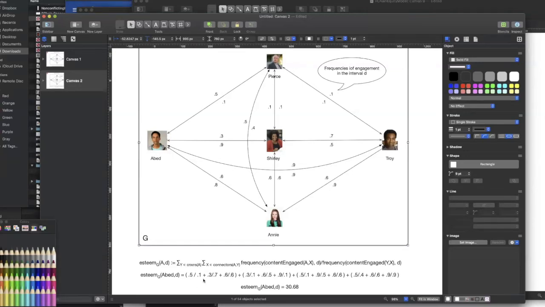Now what's going on in any one of these? Any one of these is a list of triangles. Why is that? Because it's the path. For example, if we're looking at the Abed-Annie relationship, we want to judge the ratio of how frequently a given person listens to Annie versus when they listen to Abed.